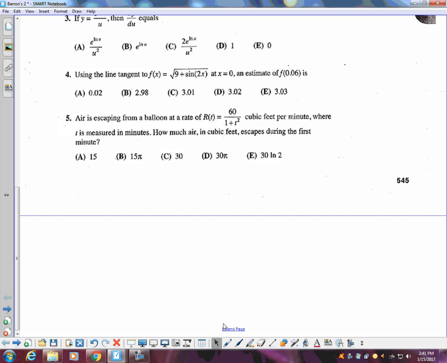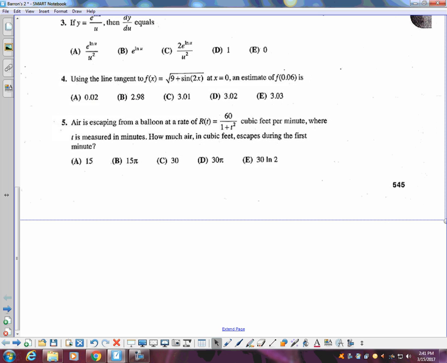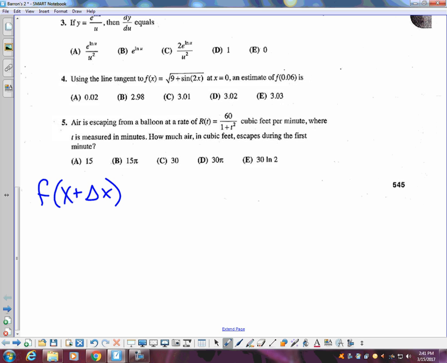Okay, I'm writing out my formula. f of x plus delta x, f of x, f prime of x, delta x. Do we have it?